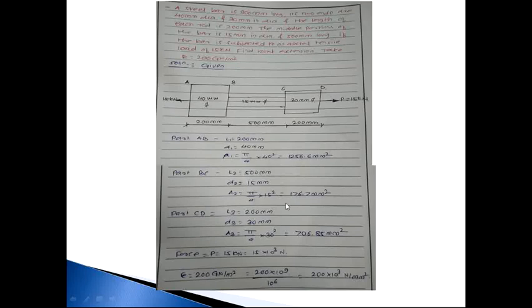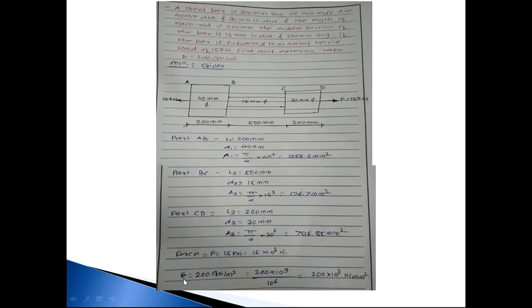So A2 will be 176.7 mm square. For part CD, L3 is 200 mm, D3 is 30 mm. So A3 will be pi by 4 into 30 square, that is 706.85 mm square. And the applied force P is 15 kilonewton, so 15 into 10 raised to 3 Newton, and the nature of the force is tensile.